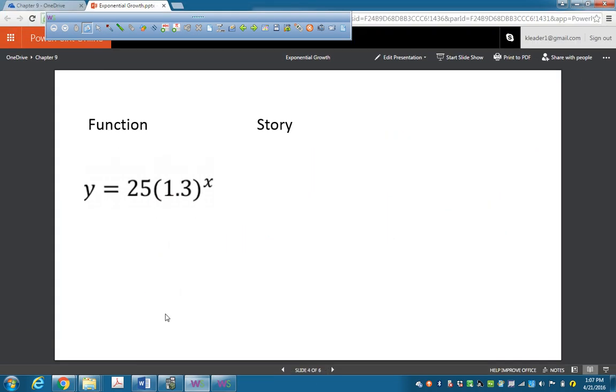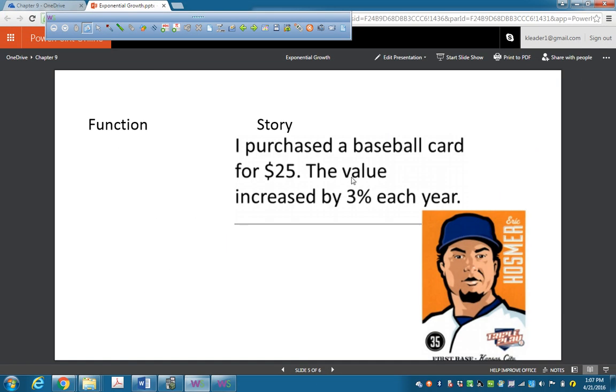David, stop tapping. I purchased a baseball card for $25. The value of each increased by 3% each year. Who can give me an equation for that one? Calvin, can you? No, I cannot. Can you, David? Do you have to make the function, or is the story already made? Y equals 25 times the 3. No, not quite.